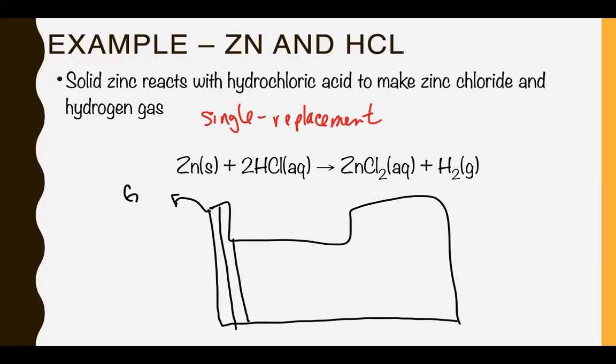Group 1 is the most reactive because they have an s1 configuration, which means they just need to get rid of that one electron to be like the noble gases over here. So they're super desperate to get rid of it. Group 2 is going to be the second most reactive because they have an s2 configuration. They're a little bit less reactive than group 1 because they have 2 electrons to get rid of instead of 1, but they're still going to be more reactive.